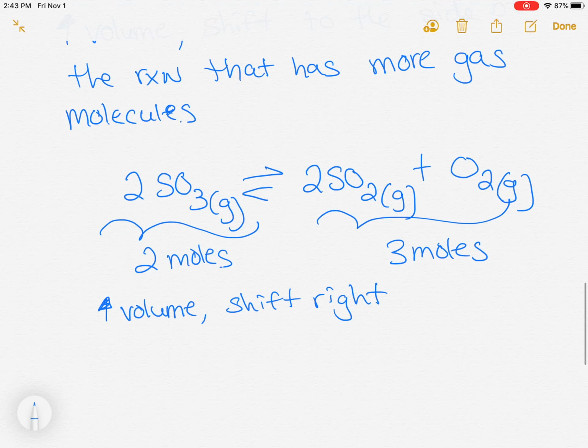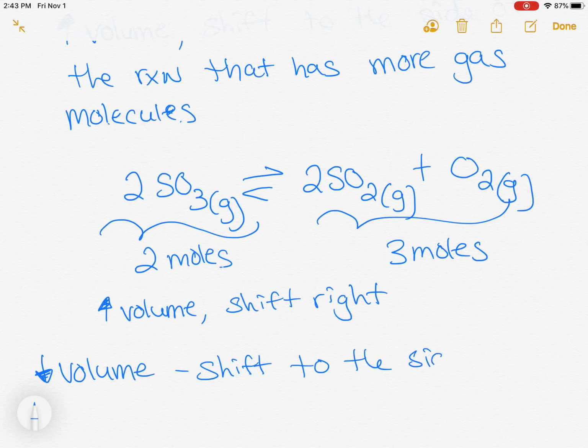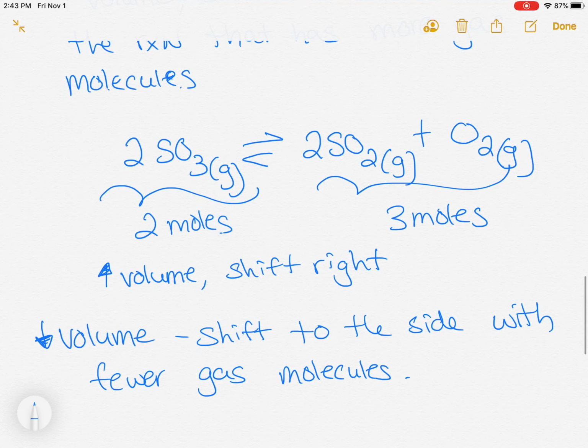Okay, when we decrease volume, the reaction shifts to the side with fewer gas molecules. So if we look at this specific reaction, if we decrease the volume, we are going to shift to the left, because the left side has only 2 moles and the right side has 3 moles of gas.